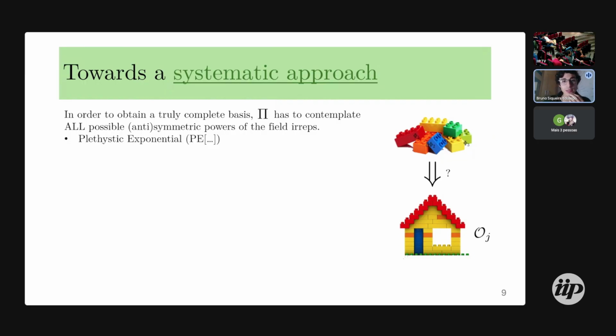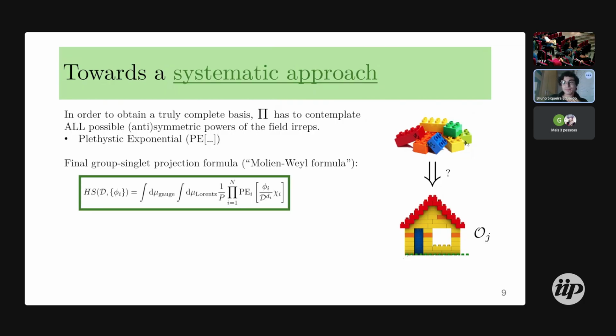So what we're going to do is put the characters of the fields in those plethystic exponentials, and then integrate them over the Haar measure to get all the possible consistent operators in the EFT, okay? And there's a final formula for this, which is called the Molien-Weyl formula, which is just a projection over the subspace of allowed terms in the Lagrangian, basically.